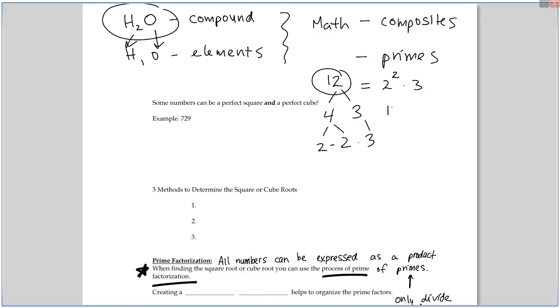Want to try another one? Like let's try 14. What would 14 be? 7 and 2. So that's it. 7 and 2 are both primes. So 14 is 2 times 7. That's it. And I always just put the primes in order from smallest to biggest.